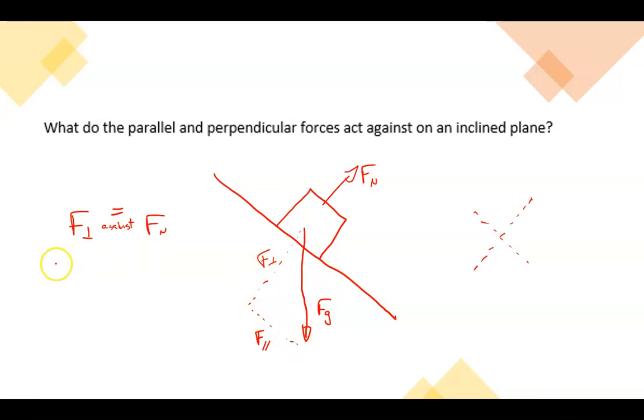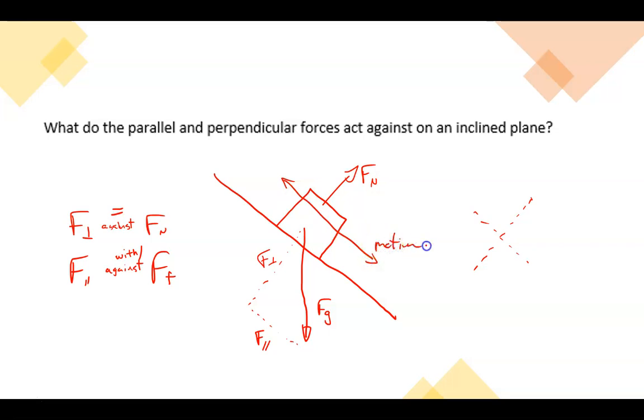Now, the force parallel will run against friction, assuming it's sliding down. Now, if it's sliding up, again, it will be combined with friction. It's harder to move things up, but it runs with or against friction, because friction, the motion would be parallel.